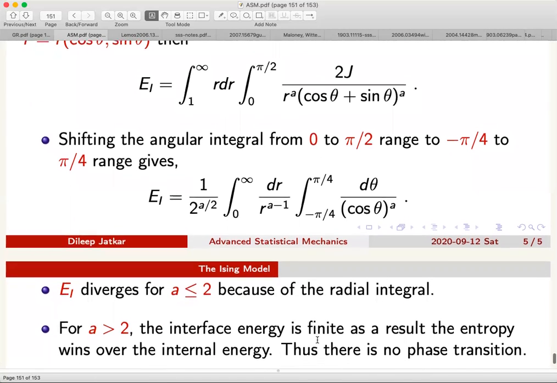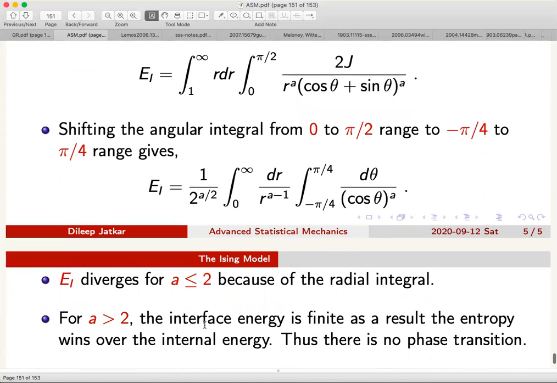If the energy of the interface is finite, then the entropy will always win over the internal energy, because the internal energy contribution from the interface is small, and you can make more and more interfaces to lower free energy, and that would increase the entropy of the system. As a result, if a is greater than 2, you won't see any phase transition.